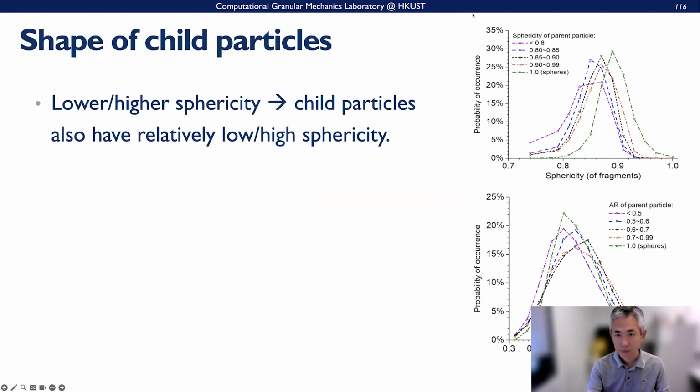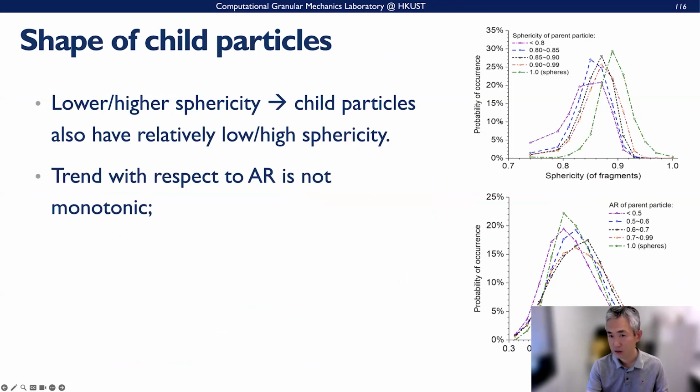And regarding the shape of the child particle, these are the plots of probability of occurrence regarding the child particle's sphericity and aspect ratio. The child particle also has a low or high sphericity, directly correlated with the parent particle. If the parent particle has high sphericity, then the child particle also tends to have a high sphericity.